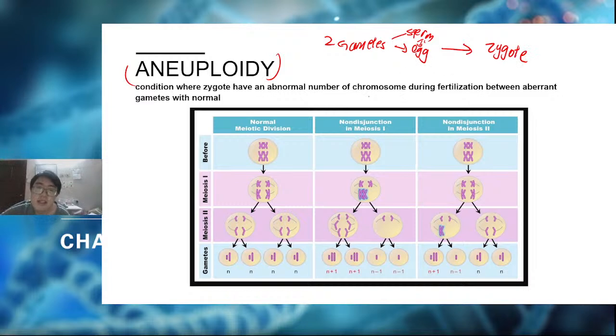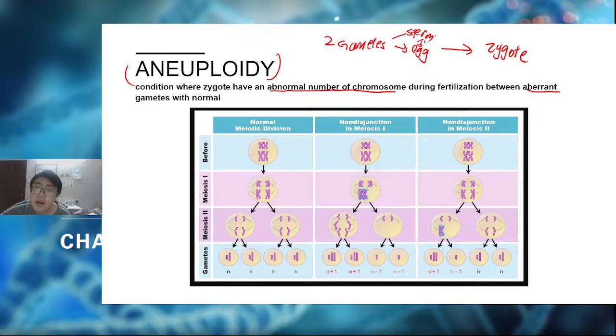The meaning here is an abnormal number of chromosomes, so the zygote contains an abnormal number of chromosomes during fertilization. Aberrant gamete means the gamete is already abnormal, so one of the gametes is already abnormal.